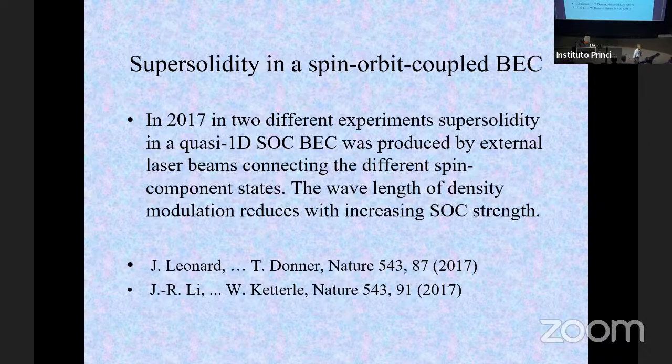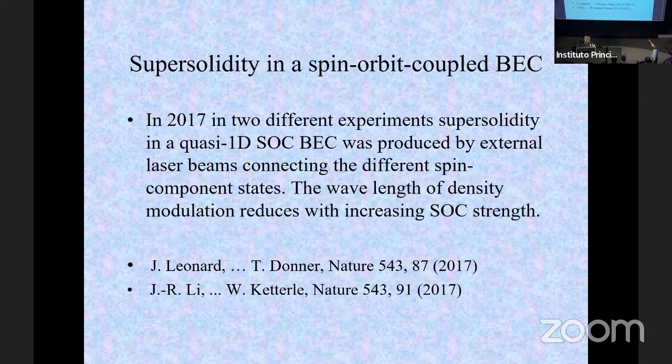So it makes the L dot S coupling. But in this spin orbit coupled BEC, the atoms do not have charge, but when they move, it is possible to create a coupling between the motion and the spin degree of freedom. We'll see how it is done.